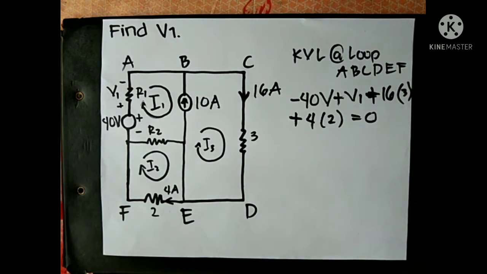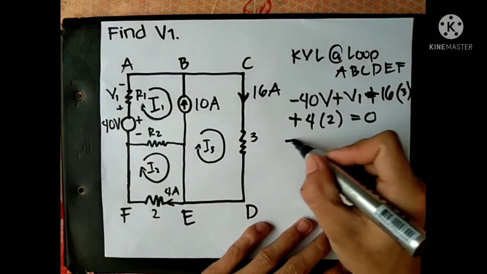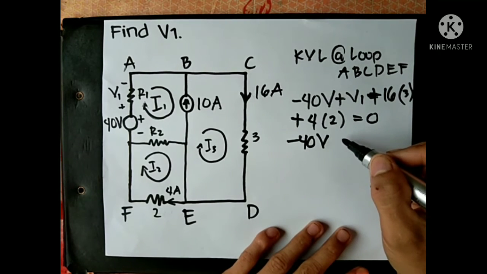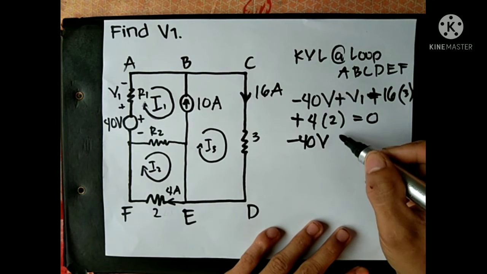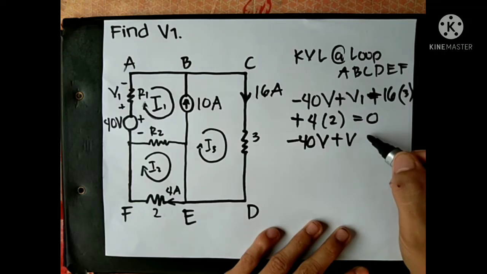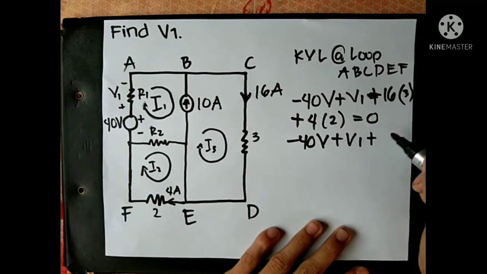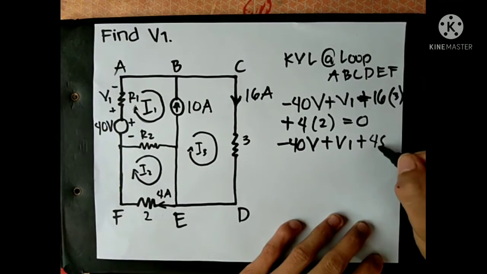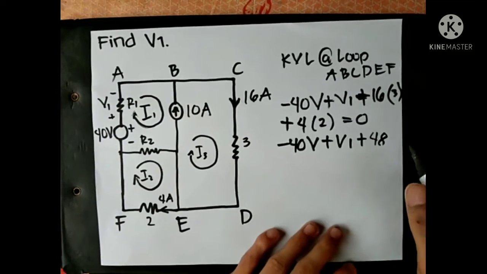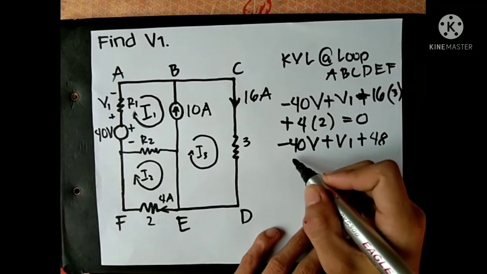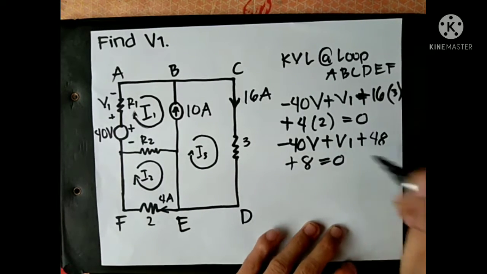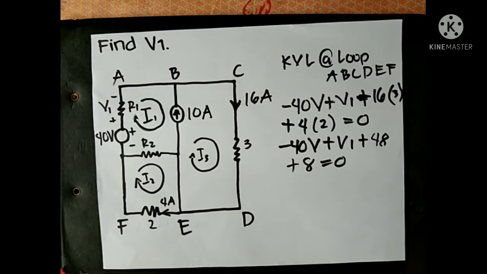So here we have negative 40 volts plus V1, plus 16 times 3, which is 48, and next 4 times 2, which is 8, equal to 0.